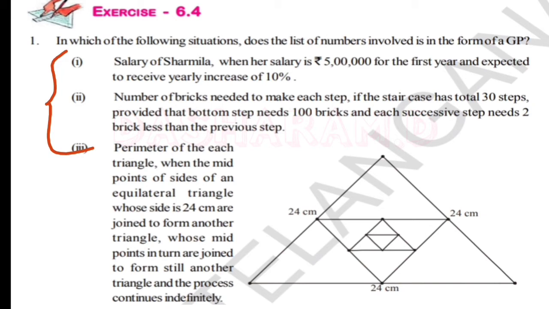This type of questions we completed in the first exercise related to AP. So let's do that. First one is the salary of Sharmila: her salary is 5 lakh rupees for the first year and she is expected to receive a yearly increase of 10%. Okay, so this is a situation.